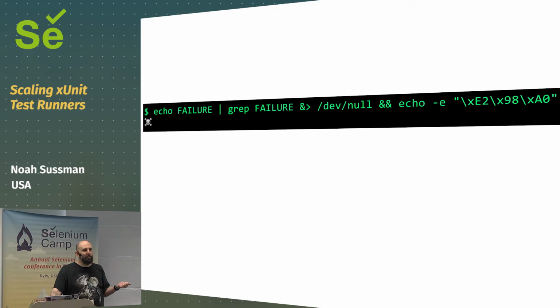Often what I'll do is download the source code of my test runner from GitHub, and I'll grep through for the warning messages that I know are there. So if I know that it says failure in all caps when the test failed, I'll grep for that in the source code, and that will lead me to the file that has all of the messages in it. And then I'll just sit there and look at all the messages and decide what I want to transform them into.